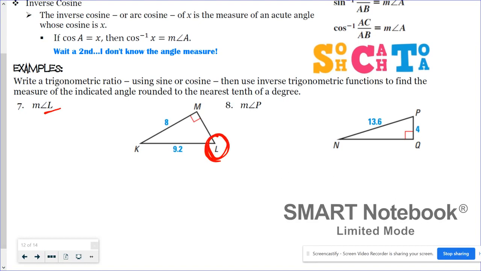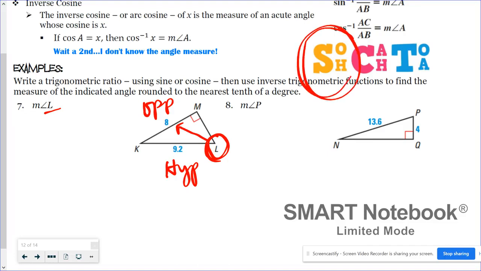Ask yourself, what do I know? Angle L is what I want to find. I know the opposite is 8, and I know the hypotenuse is 9.2. So which of our trig functions uses opposite and hypotenuse? You are absolutely correct. Sine uses the opposite and the hypotenuse.